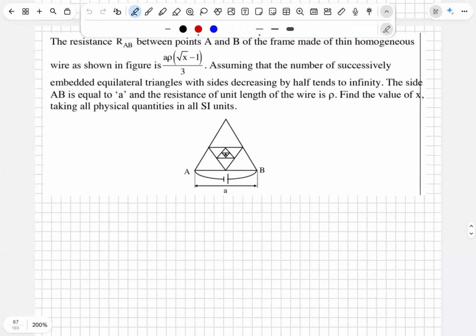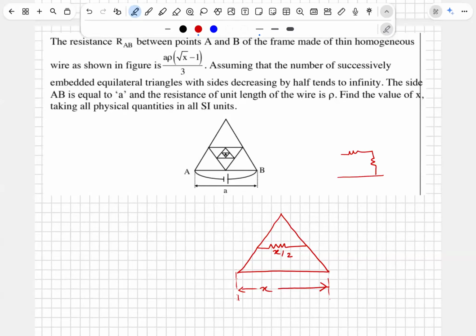This is an infinite resistance, right? Same technique I used there, I am going to use here. Roto question, this one. This is x by 2. Across this is x. Infinite. You have seen that, one resistor question. r by 2, same technique.